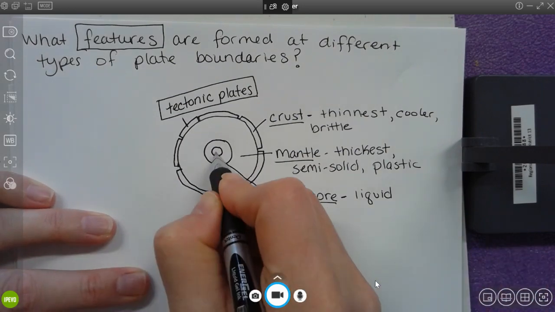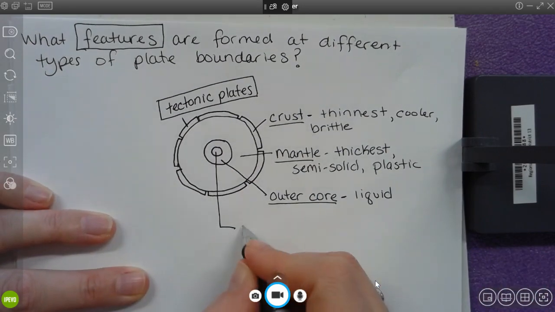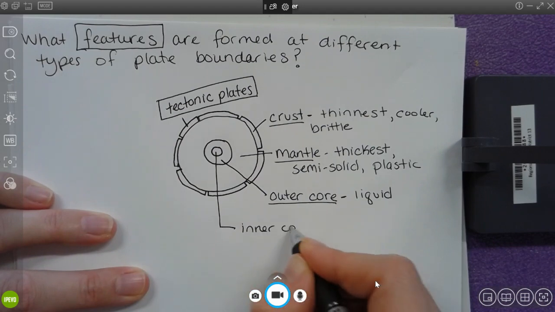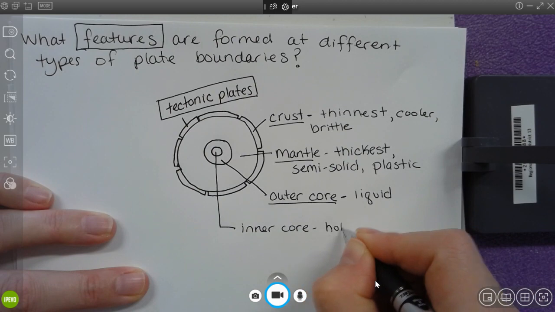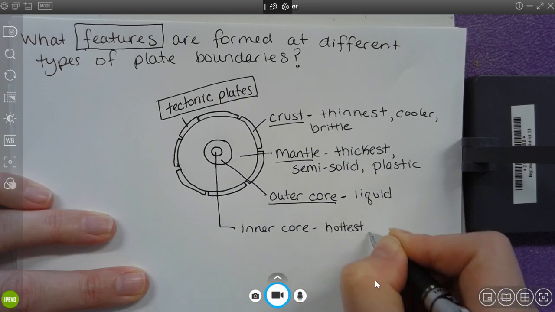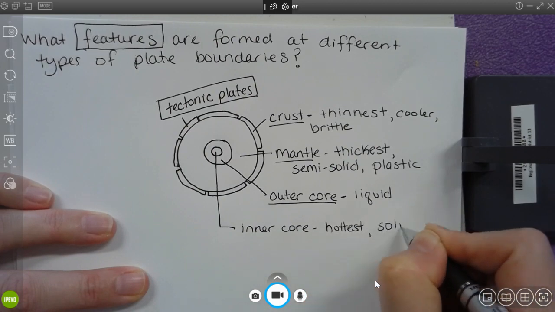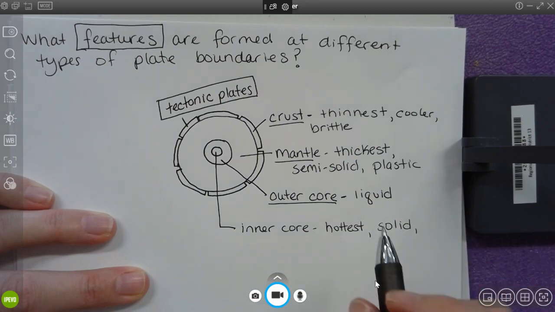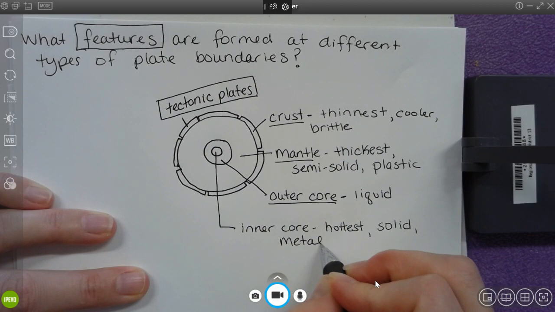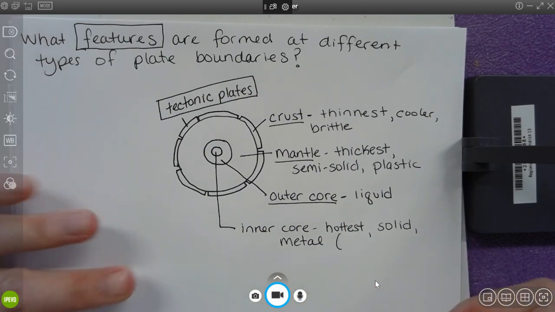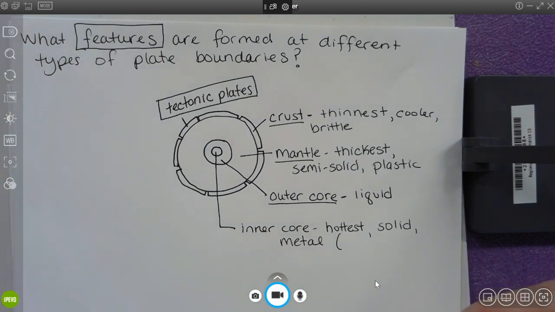And then finally, you have the inner core. At the inner core, this is where we have the hottest part of the earth. It is solid, and it is metal. Now, why is that solid and the outer core is liquid? It all has to do with pressure.